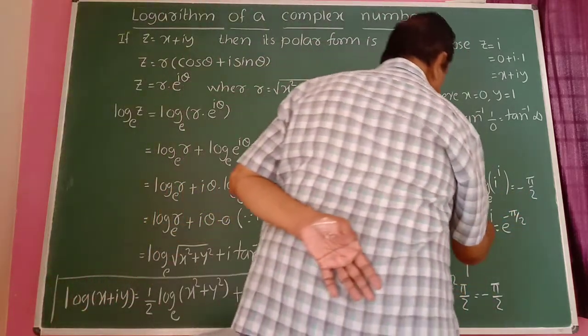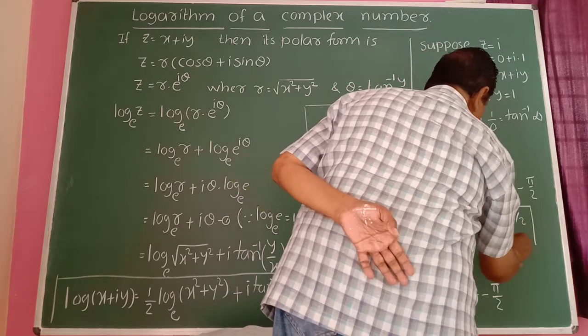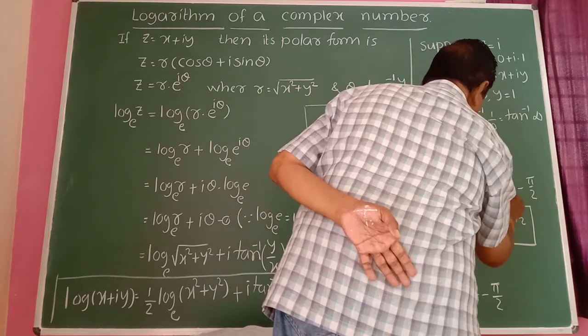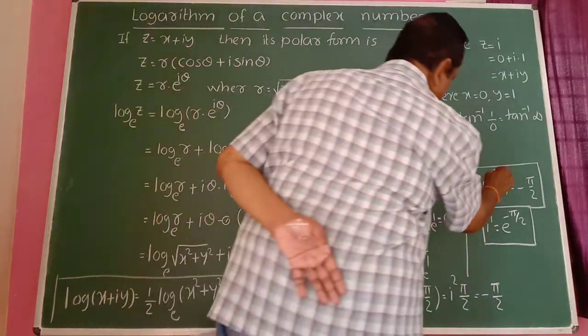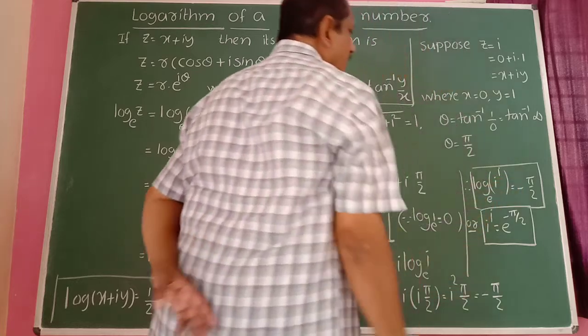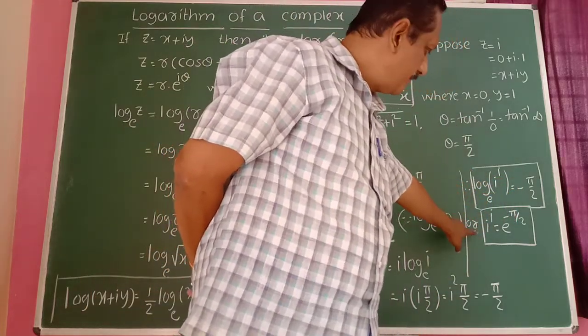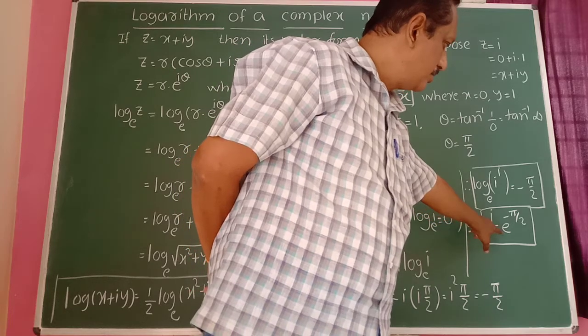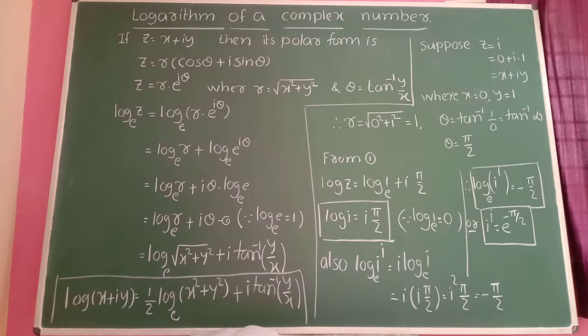So these are all important results here. Log of i raised to i to the base e is minus pi by 2. You can write this one in this form also: i raised to i is equal to e raised to minus pi divided by 2.